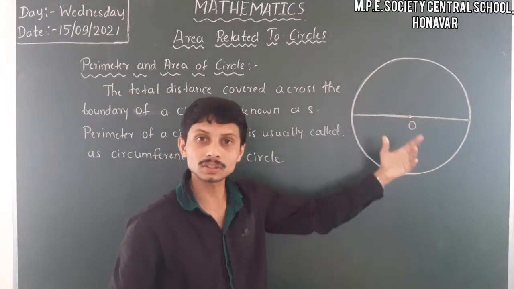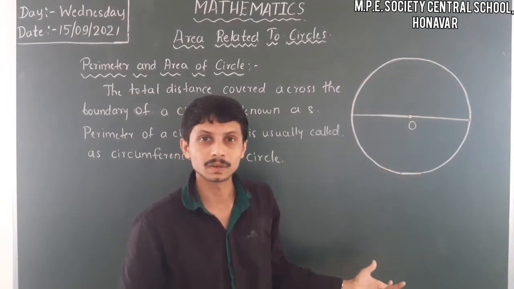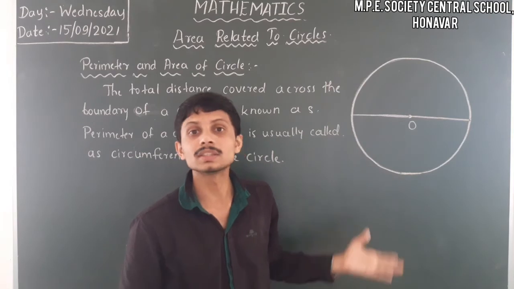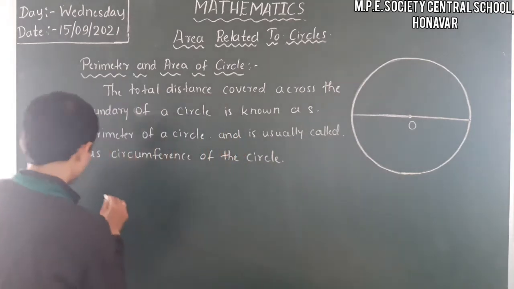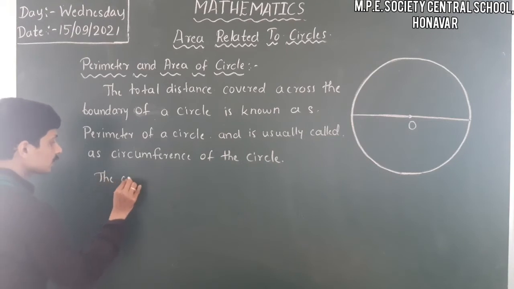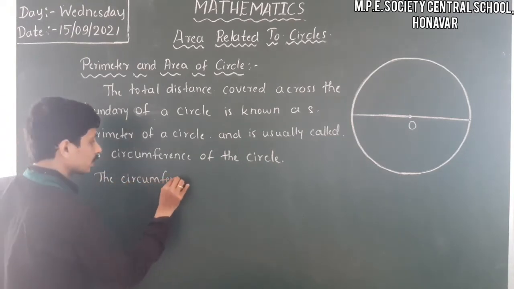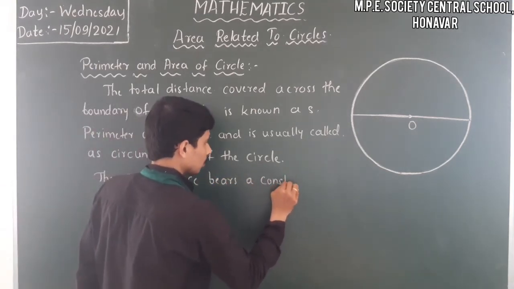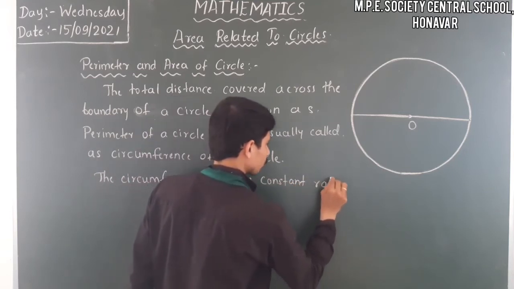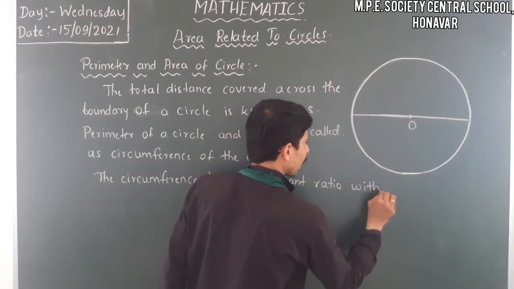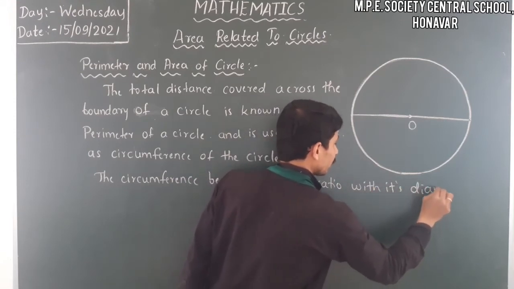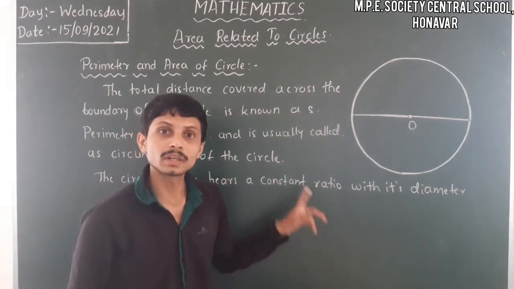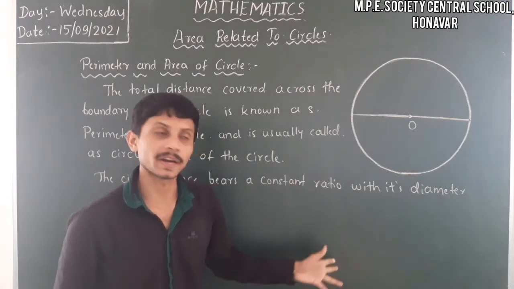We can say that the ratio of circumference and diameter is constant. So the circumference bears a constant ratio with its diameter, and this constant is nothing but pi.